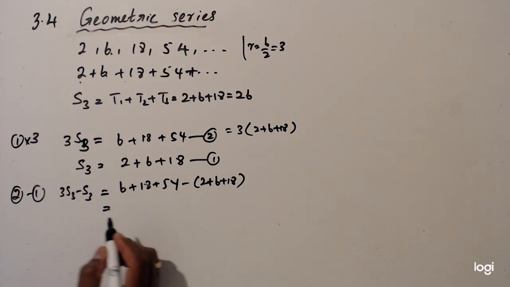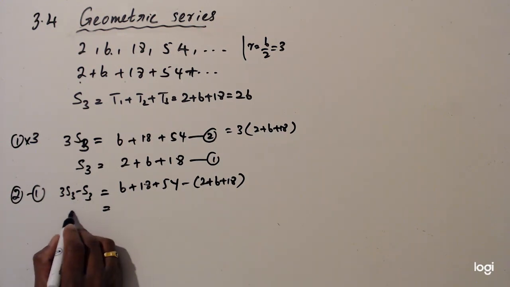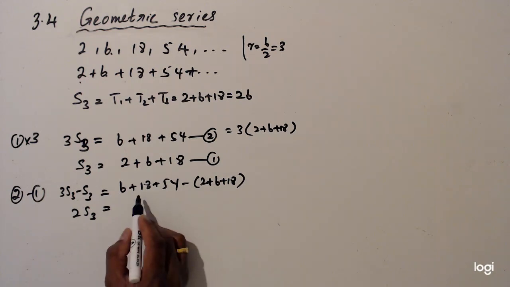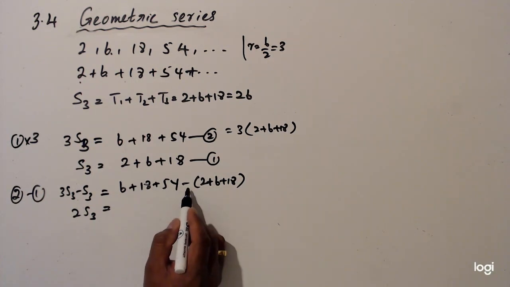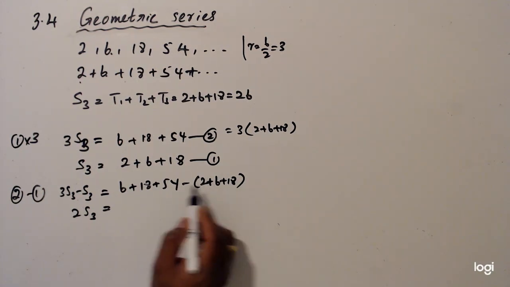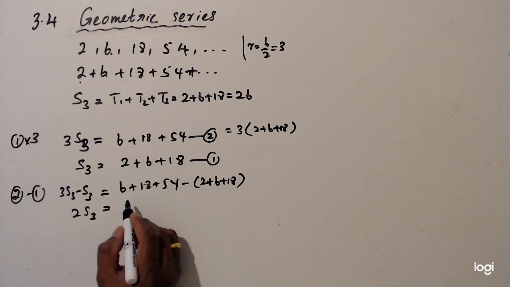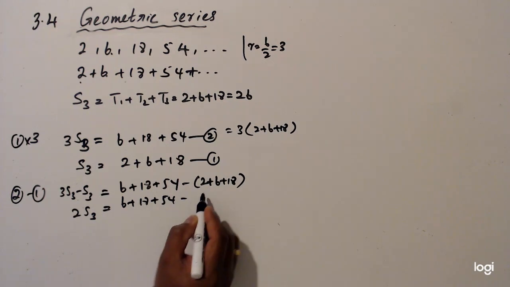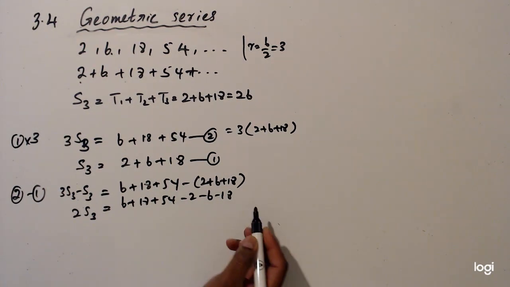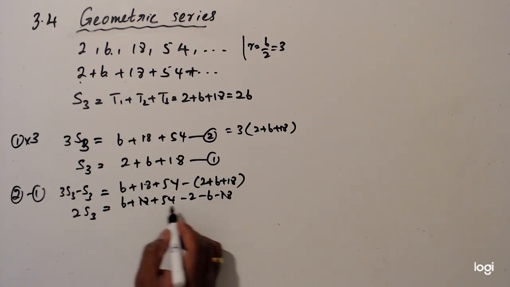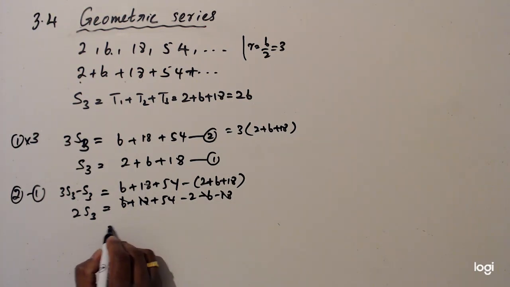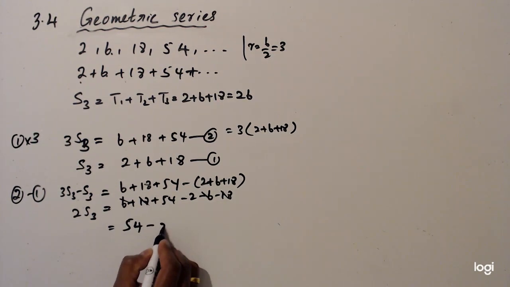Now this becomes 2S3, and the 18 cancels out, the 6 cancels out, and what remains is 54 minus 2.